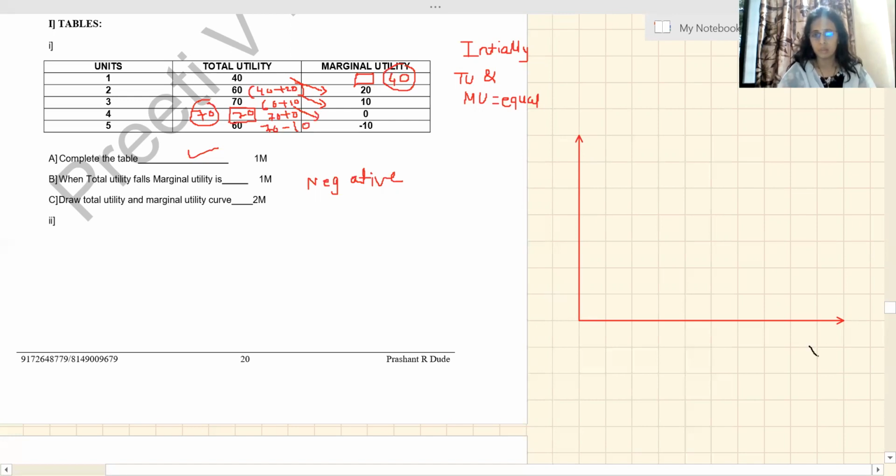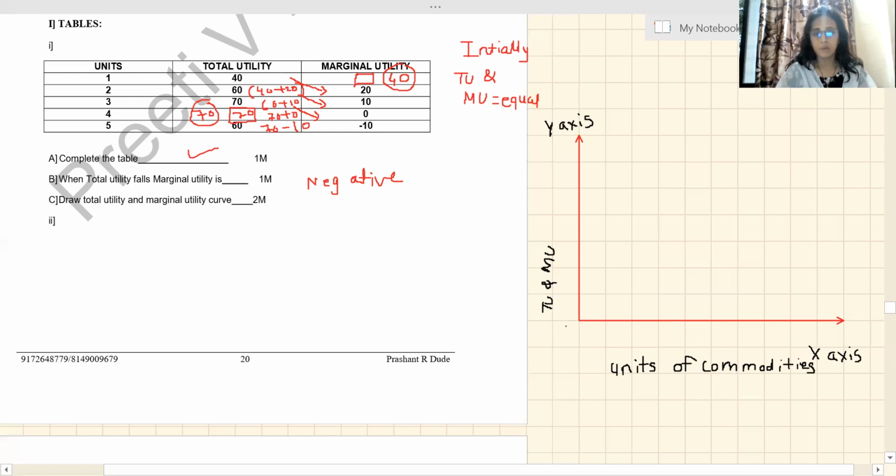So this is my x-axis. I will label it. Then we have the y-axis. Label it as y-axis. We know the y-axis indicates TU and MU, and your x-axis indicates units of commodity. Label it properly. Units of commodities.